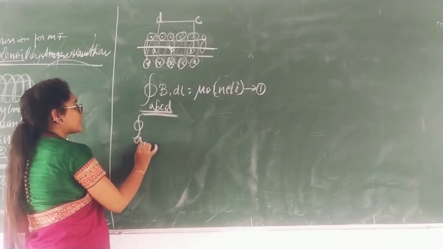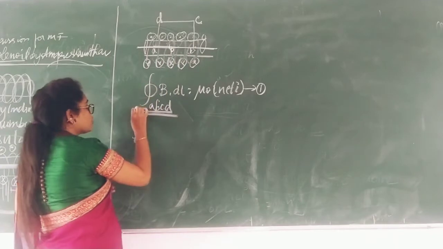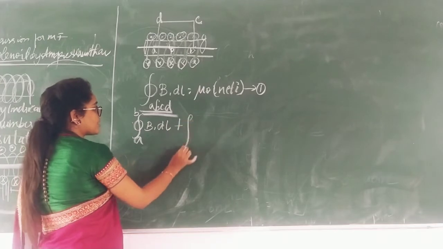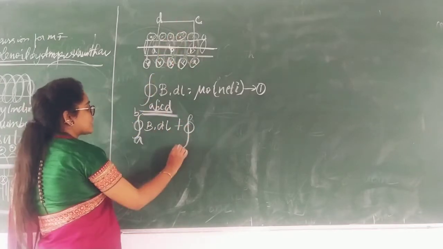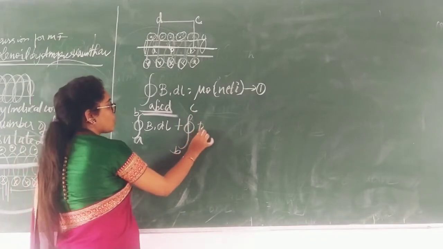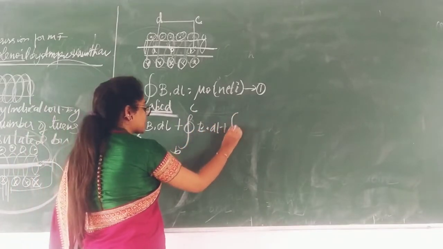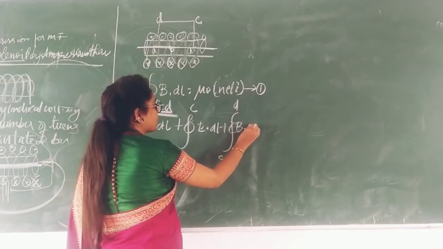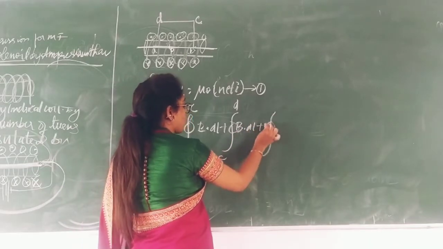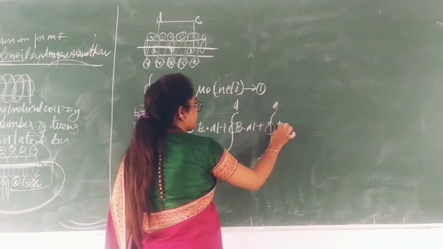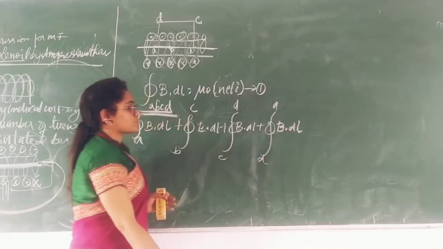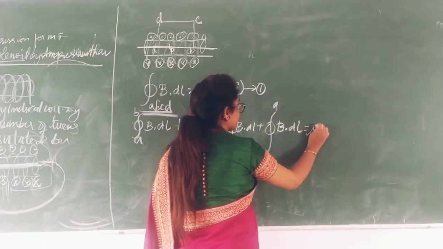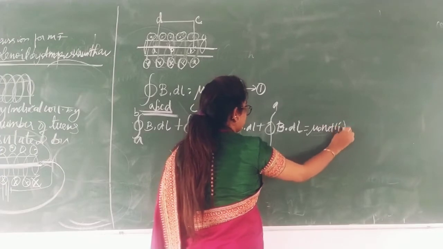Integration of A to B, B dot dl, plus integration of B to C, B dot dl, plus integration of C to D, B dot dl, plus integration of D to A, B dot dl. This is your left part. This is equal to mu naught net I.